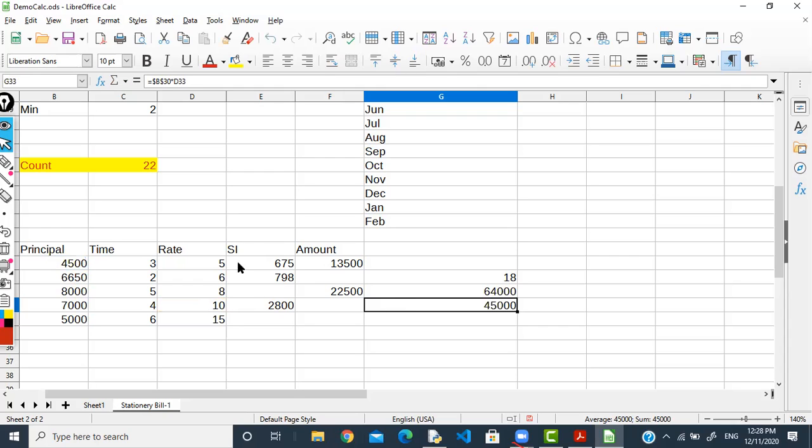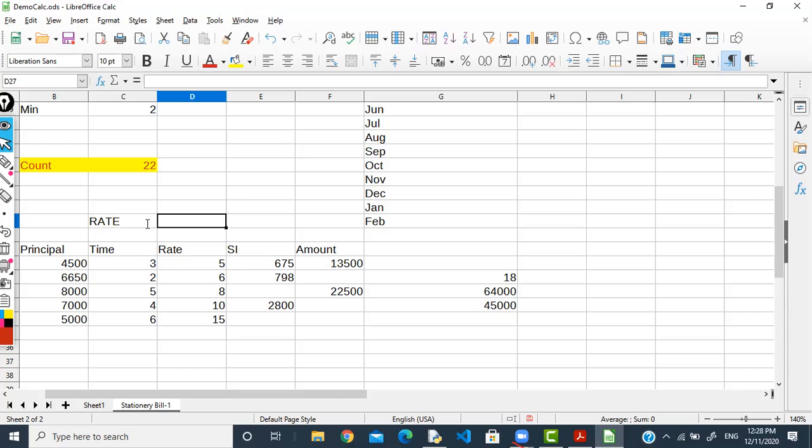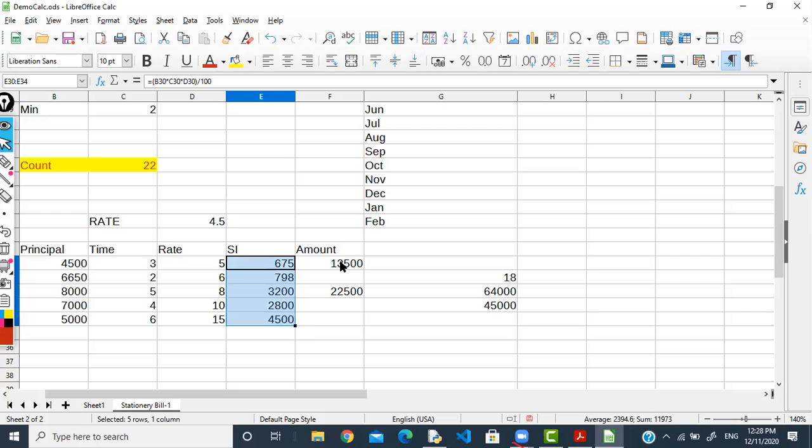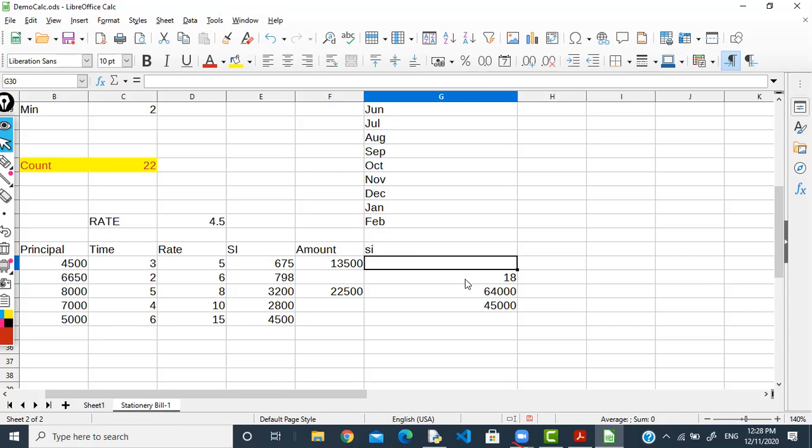So what is the importance of this concept? Suppose you are giving a fixed rate of interest, 7.45. I have calculated simple interest on the basis of this, and this formula is going to be copied, and I'm going to compare the SI2.